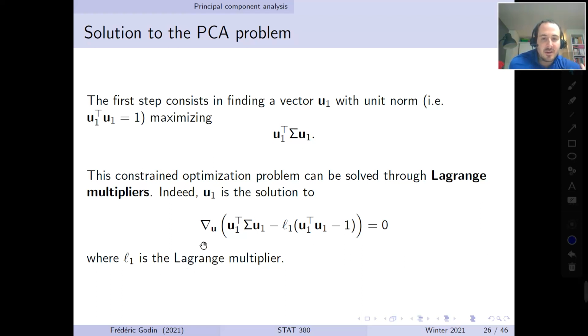From the Lagrange multipliers theory, this gradient should be equal to 0, and we solve for U.